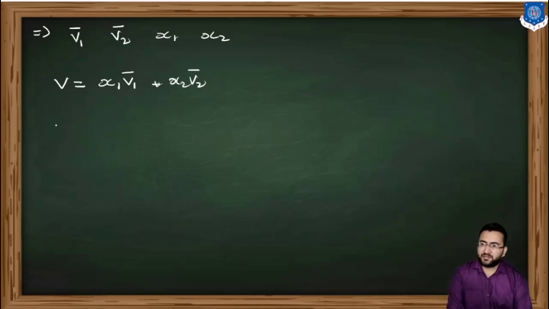Since it is a binary system, we know that x1 plus x2 is equal to 1.